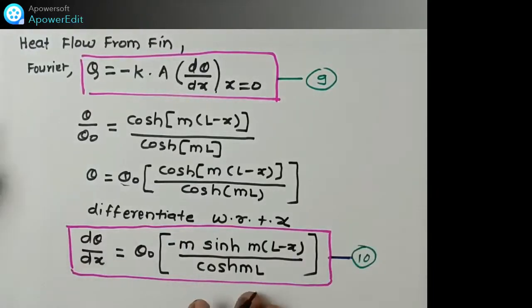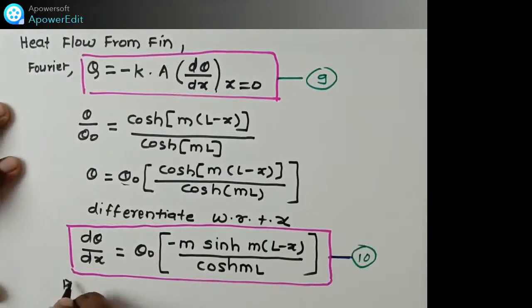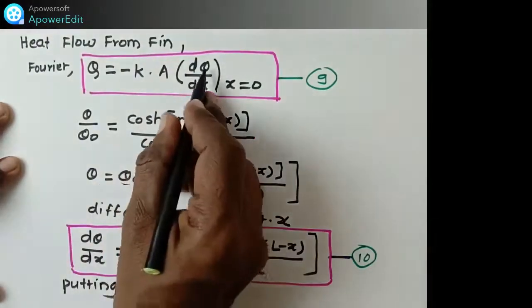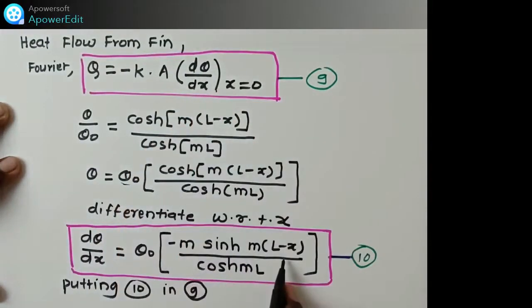Now putting this d theta by dx expression in 9. At the place of d theta by dx we can write this right hand side.